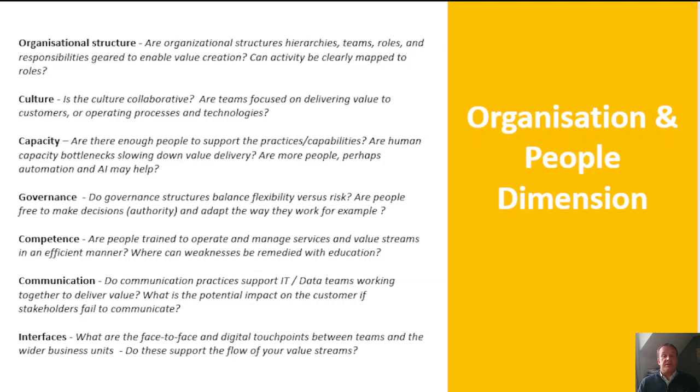Governance and oversight, again, what is the balance there between the flexibility and the risk? Clearly different sectors have different approaches to governance. So a good example might be the finance sector would typically have a very strong governance and oversight environment compared to another sector such as charity, as an example.